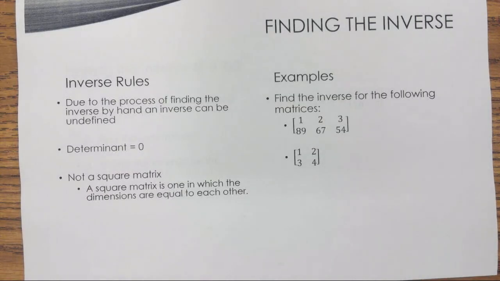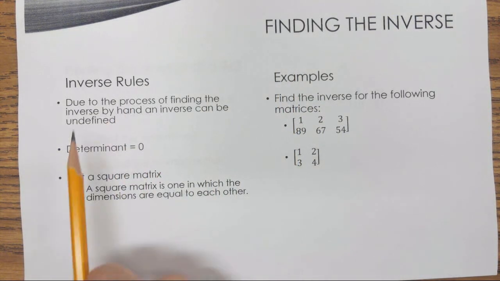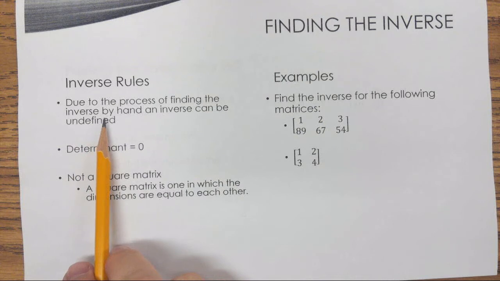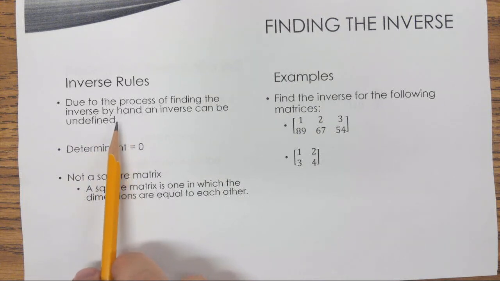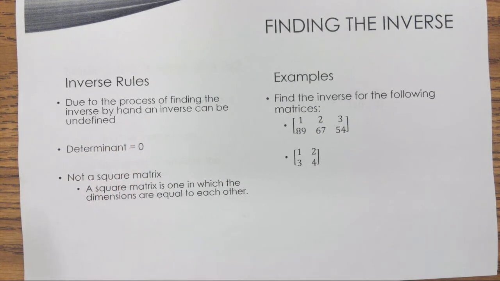Alright, moving on. Let's talk about finding the inverse. So, inverse rules. Due to the process of finding the inverse by hand, an inverse can be undefined. In other words, it doesn't exist.